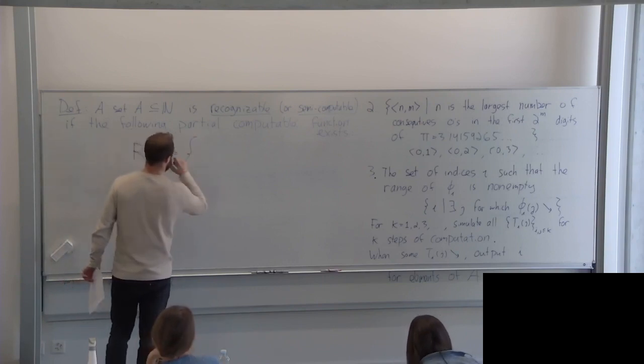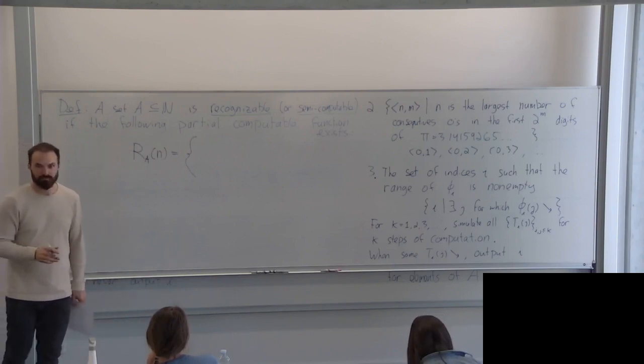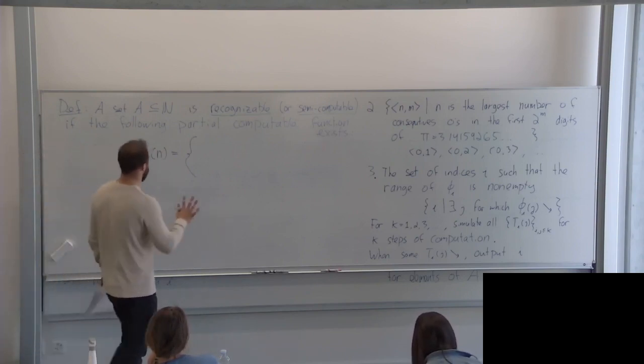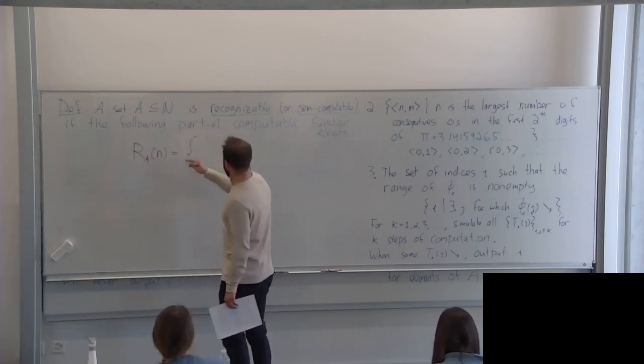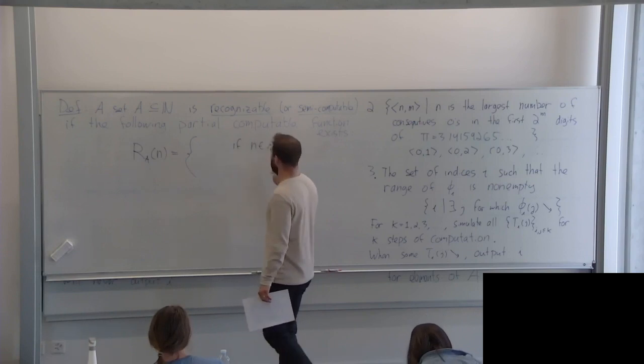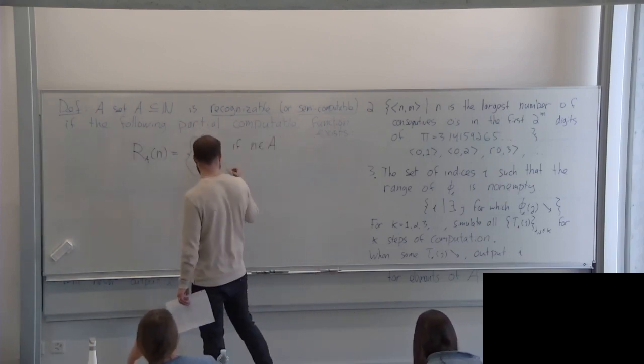R_A of n is also defined. It's very similar to the decider. We could call it the recognizer if you want. And if n is in A, it's going to recognize it. It's going to say yes or 1.